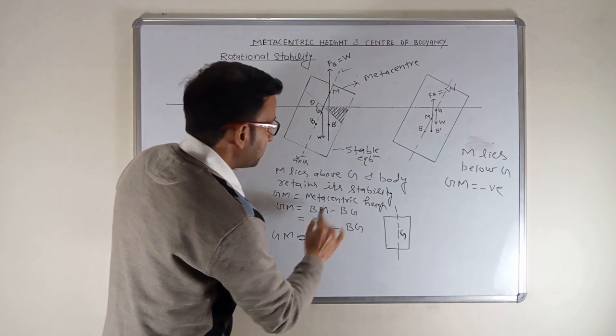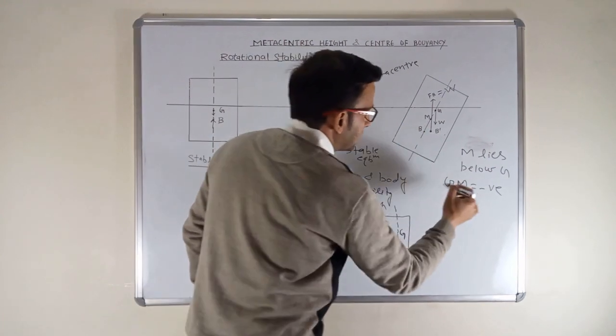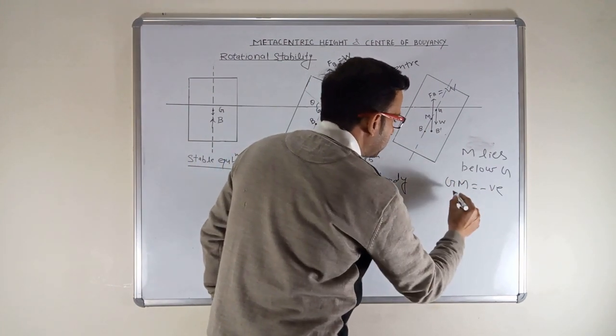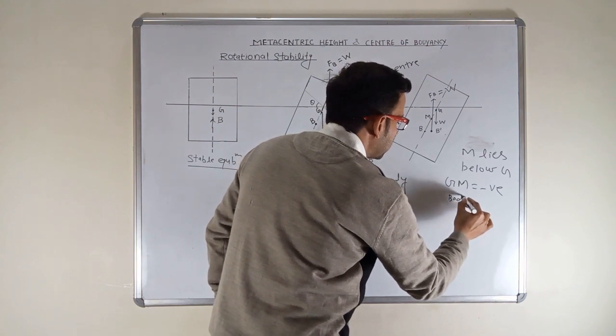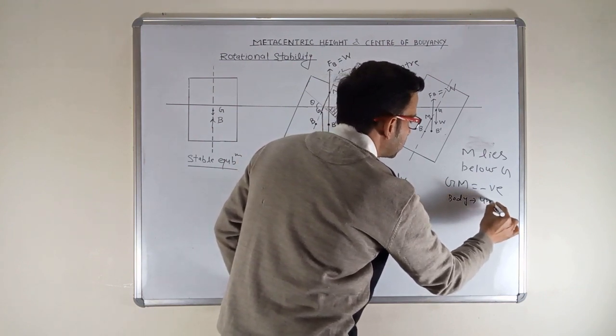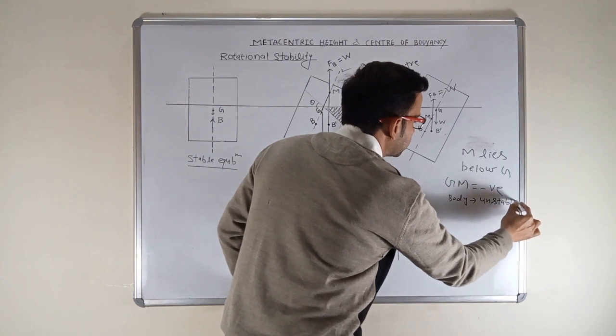Definitely GM will be negative for such a case. So in such a case, the metacentric height GM is negative and the body is in unstable equilibrium.